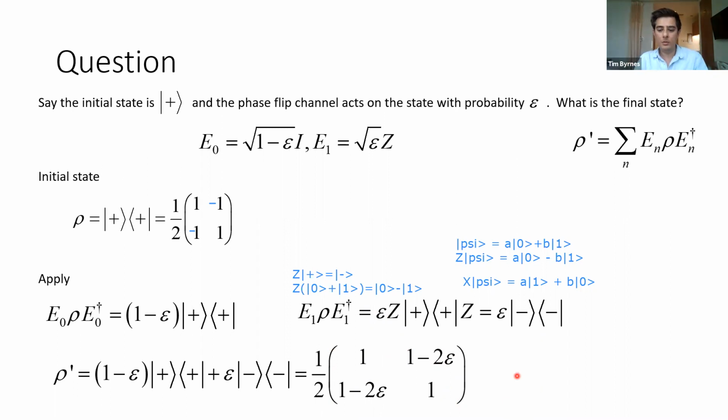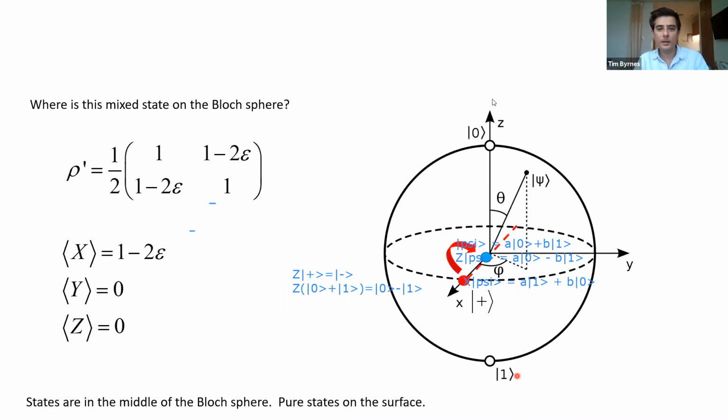And so actually a nice way to visualize this is on the Bloch sphere again. So let's look at what this state, the thing that we just calculated, is in terms of the visualization on the Bloch sphere.